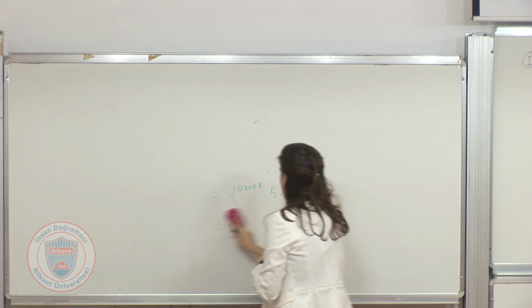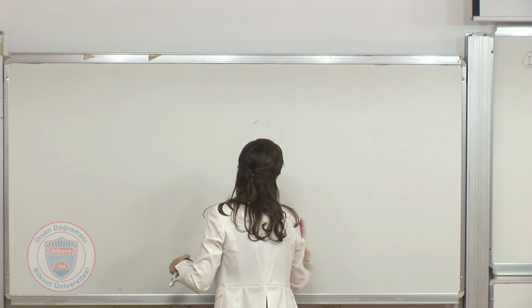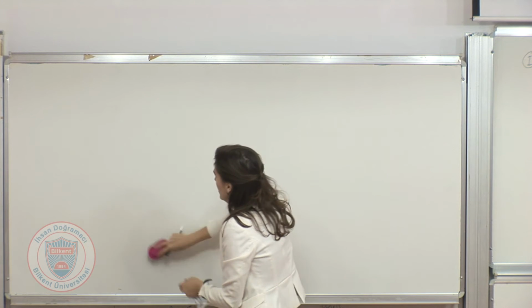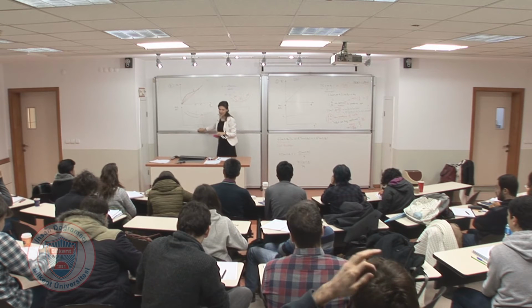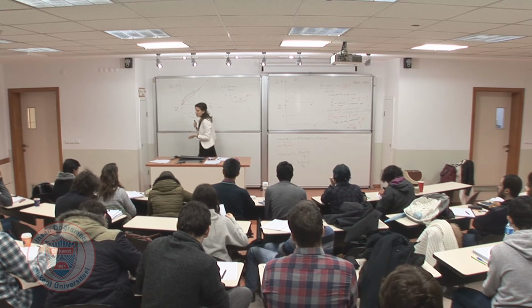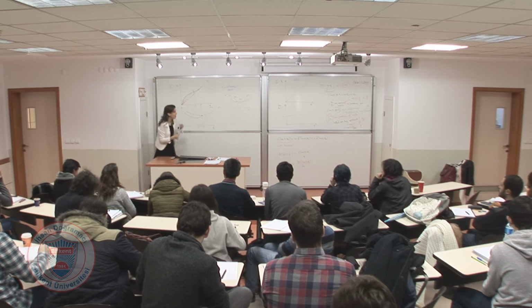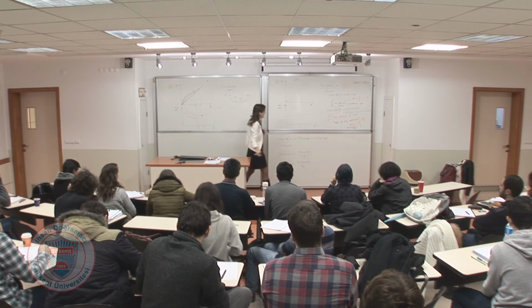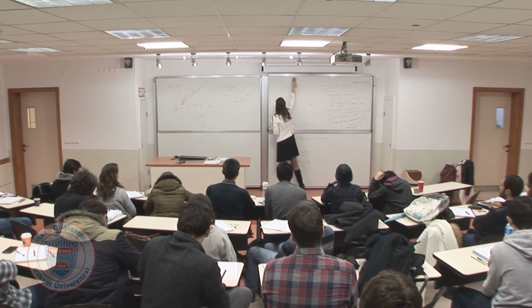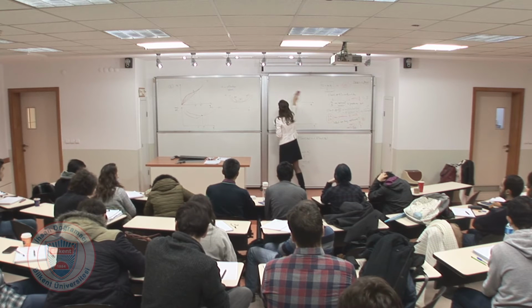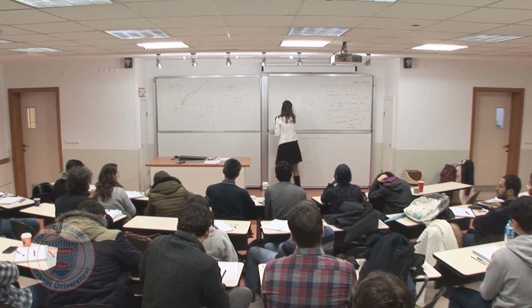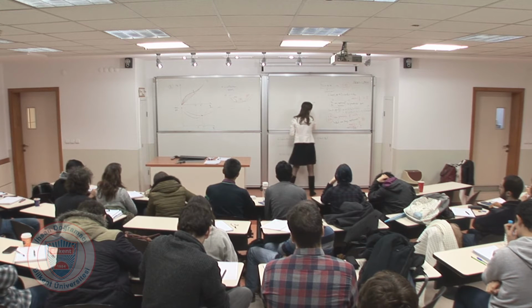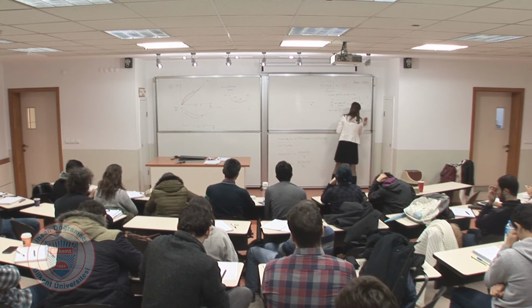Now we see that most probably the cost functions are like this, and maybe you haven't written it, so let's keep it up, okay? So it's something like this. And again, remember the relationship between the average and the marginal, how can I show that? The average cost and the marginal cost.